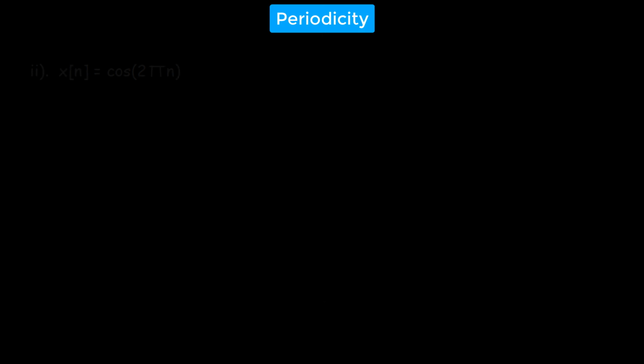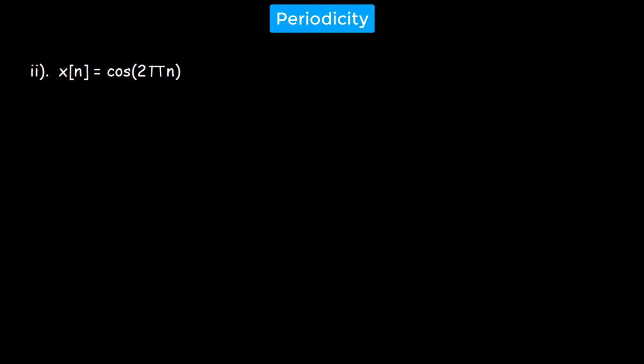Let us do another problem. Here we have another discrete time signal given by cosine of 2 pi n. We have to first check if this given signal is periodic in nature or not, and if yes, then we will try to find out its periodicity or the fundamental period.